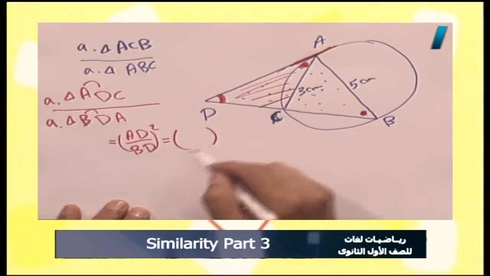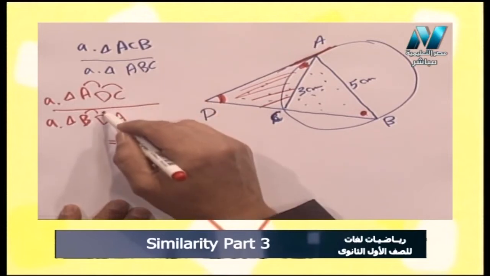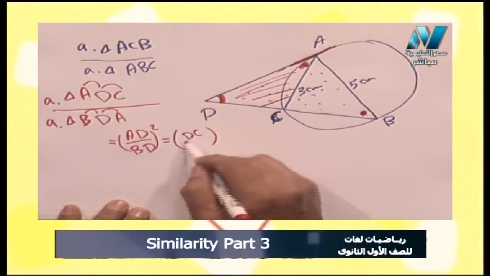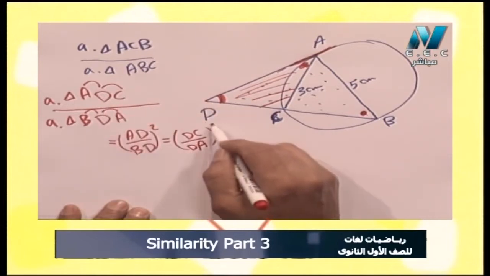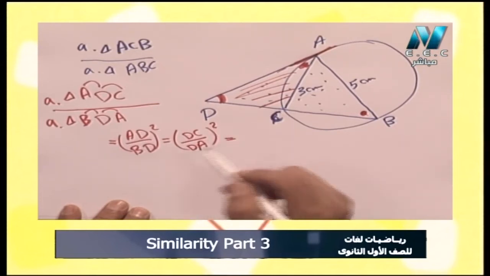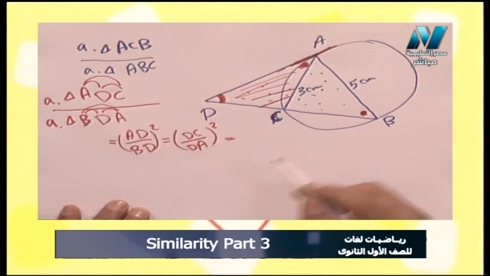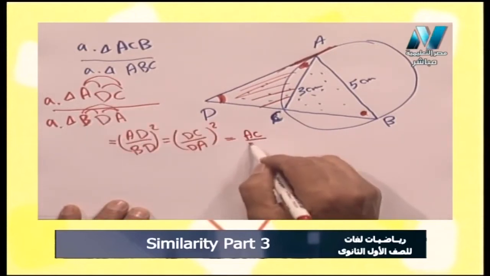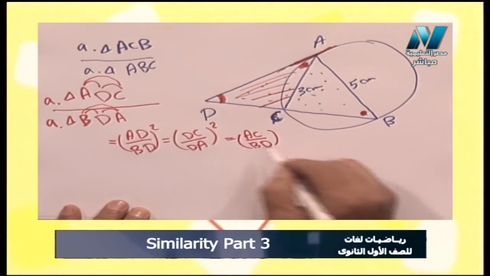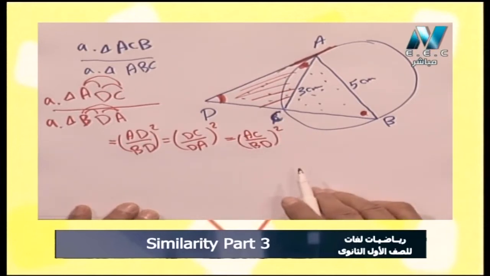And we have another ratio, DC over DA. Don't forget it's power 2. And the final ratio, AC over BD. And don't forget also it's power 2.